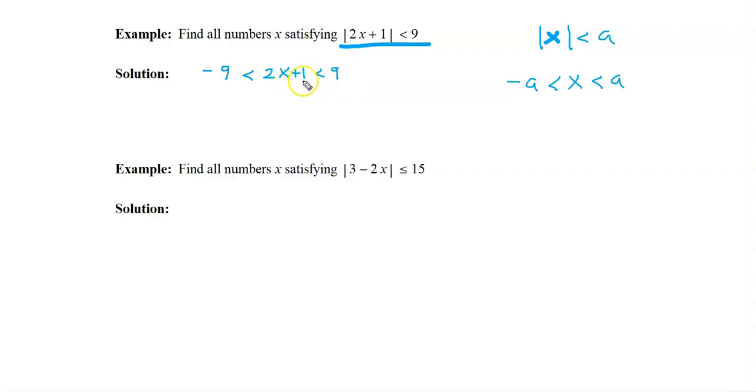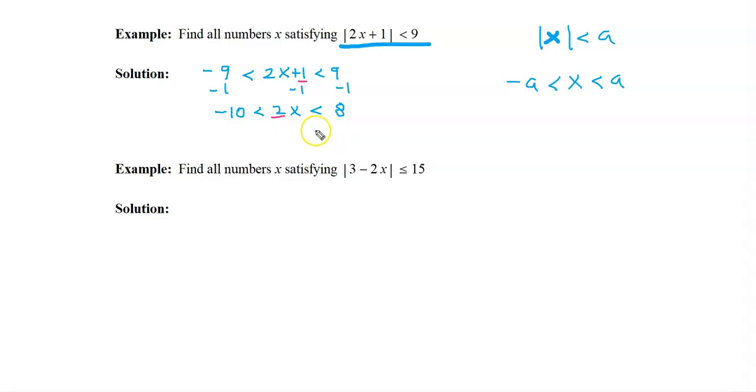So we want to get rid of this number 1 right here. To do that, we will subtract 1 from each term, and we get that. Now what we'd like to do is get rid of this number 2 right here. So we'll divide everything by 2, or multiply by 1/2.